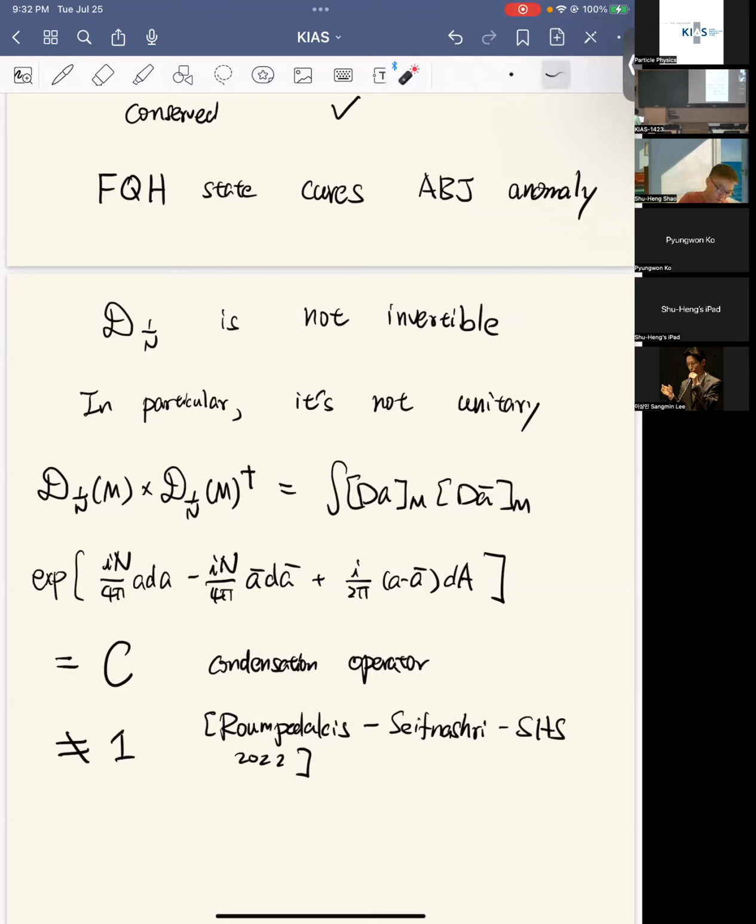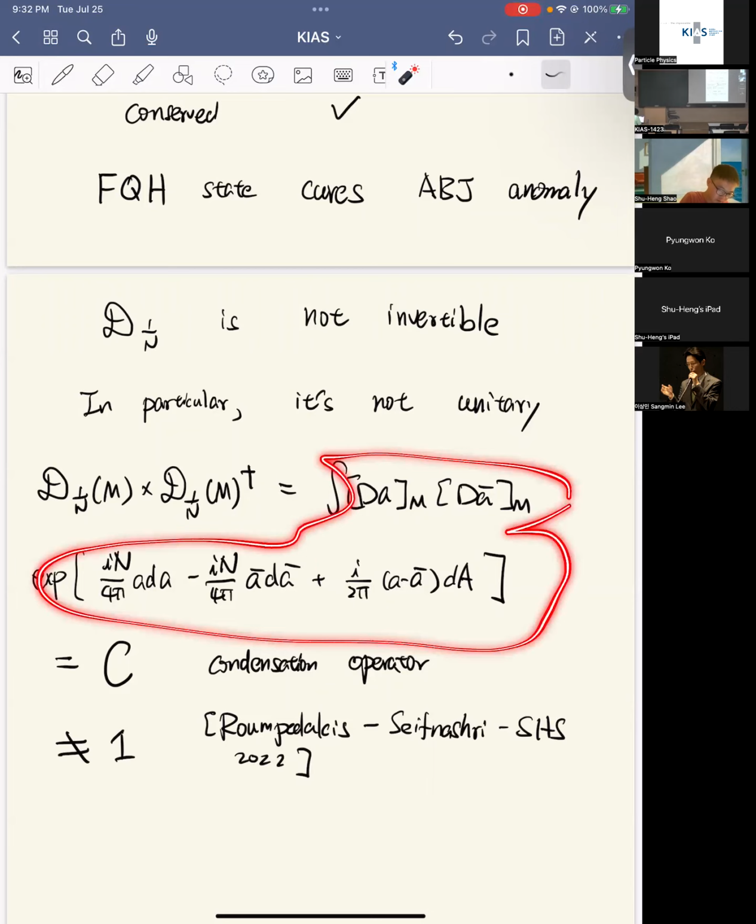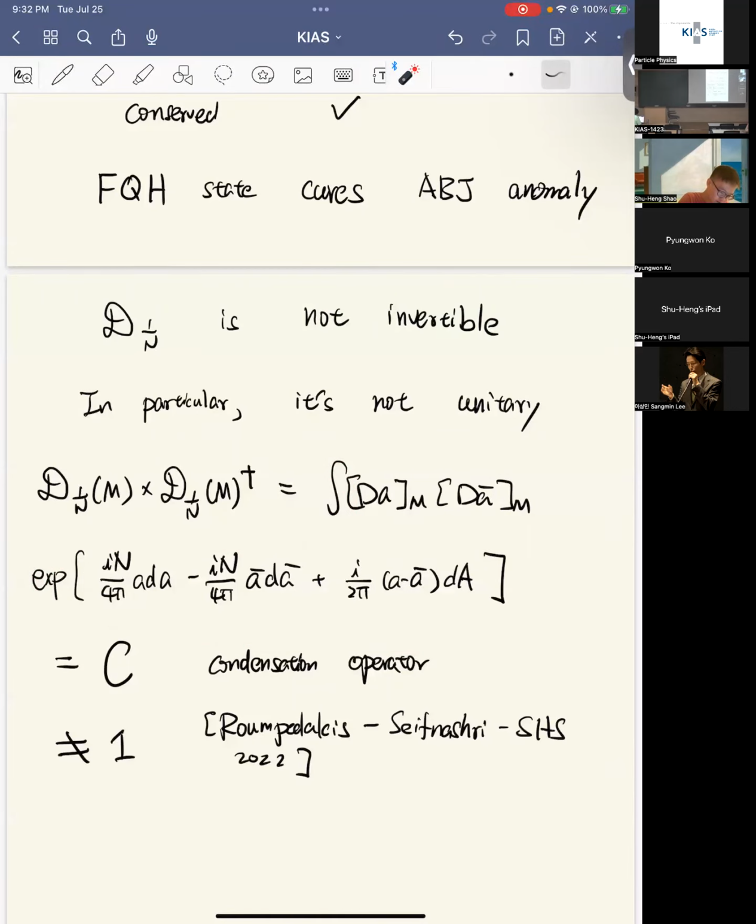Let me say briefly how you should think about this C operator. Oops, I noticed that I forgot the integral. It's an operator that's supported on a 3 manifold. Little a and little a bar are dummy variables. They are going to be integrated out at the end of the day. The capital A is the magnetic field.